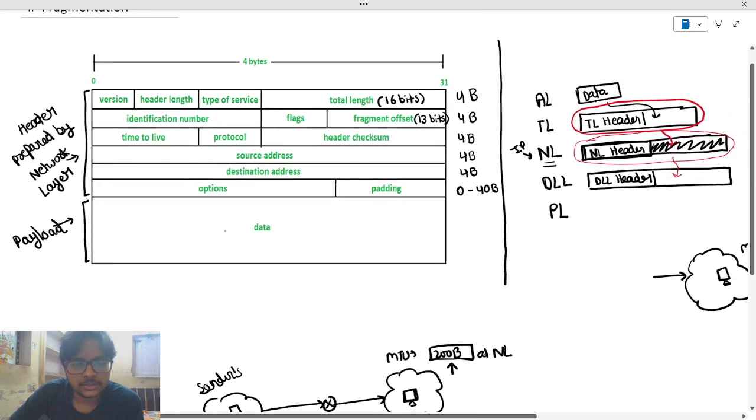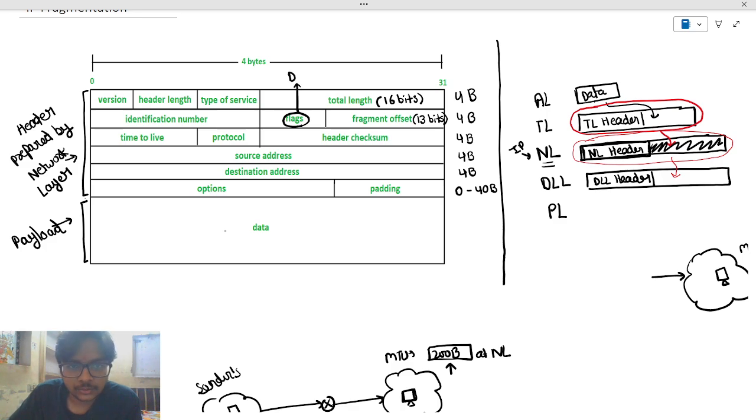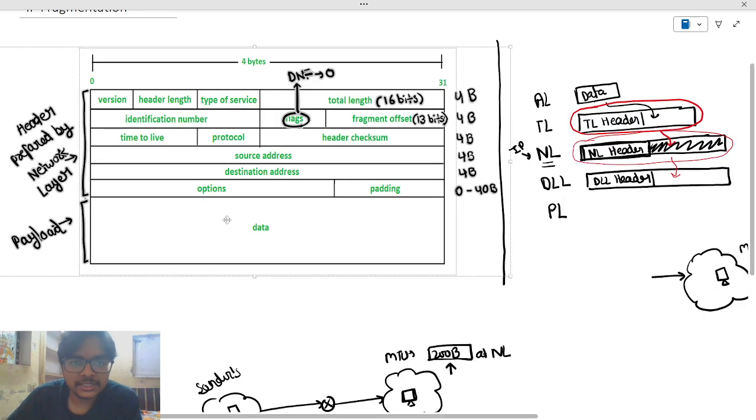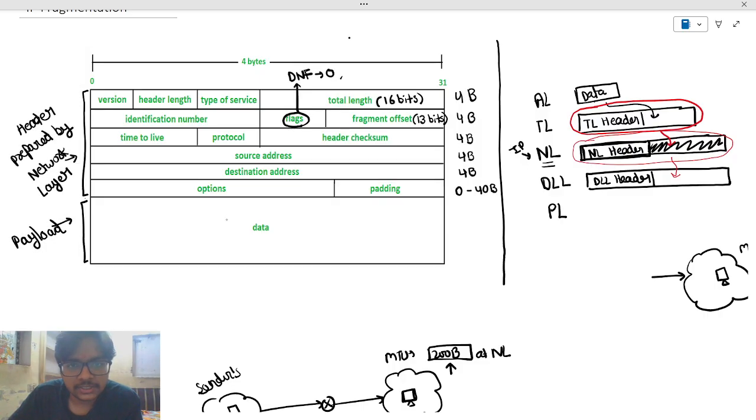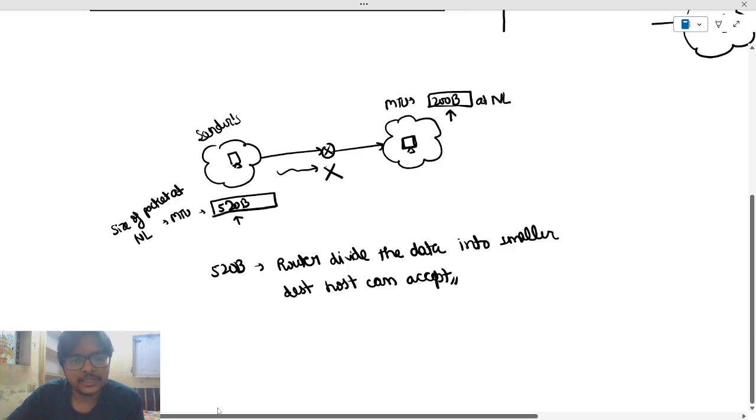First of all, let's see the flags. There is a flag in which there is a do not fragment bit. If this is set to 0, that means we are allowing the router to fragment our packets. But if it is set to 1, then we are not allowing the router to fragment the packet.